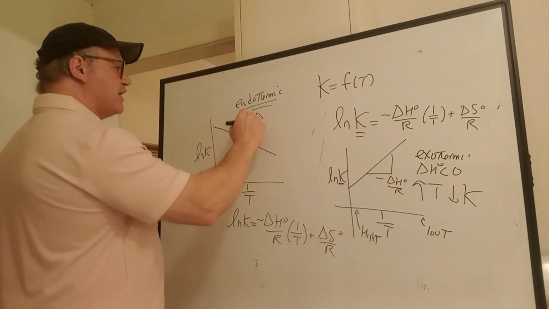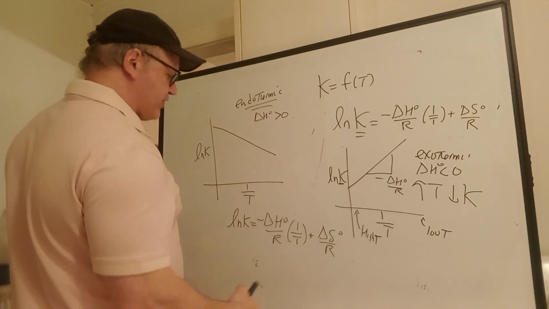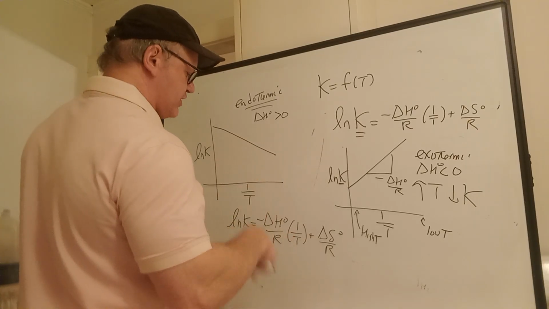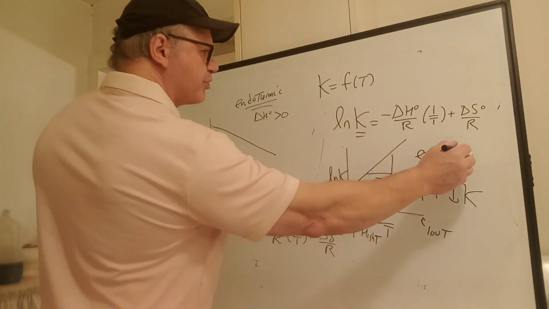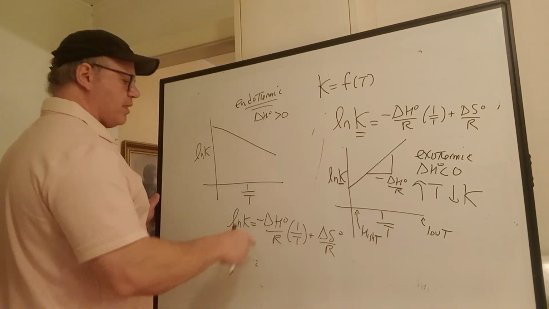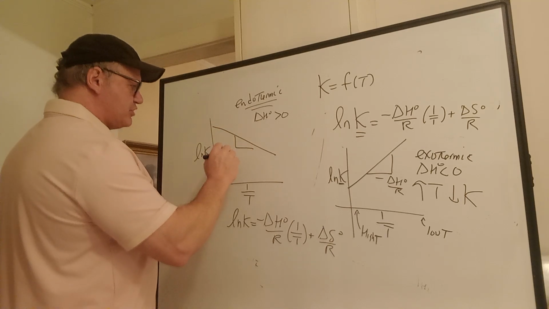Endothermic, delta H naught is greater than 0. Our interpretation of that in chemistry and physics is that you're taking in heat from the surroundings into the system. Exothermic, the system is liberating heat from itself into the surroundings. So here, a negative sign in front of a positive gives you negative, so the slope here is going down.